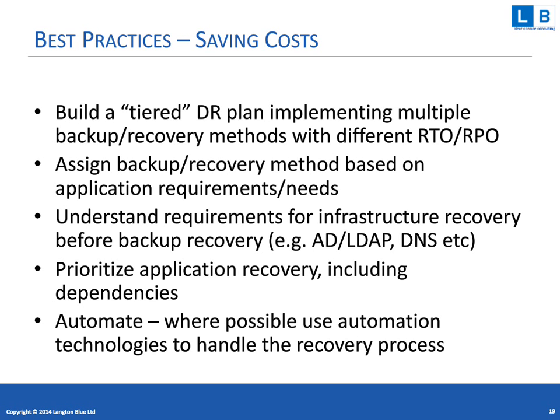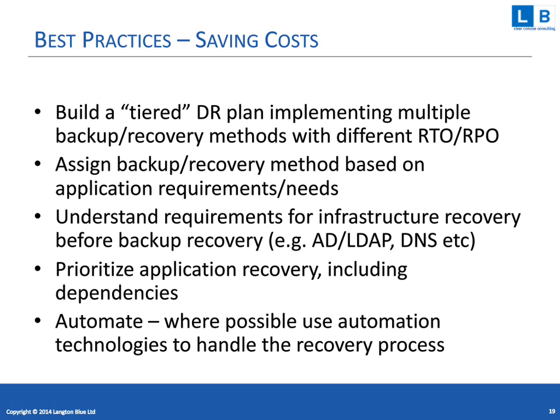So we have to talk to the business, and we have to understand their needs, both from the recovery time perspective and their prioritization, because clearly they may have some applications they need to bring back first before they bring back others. From an infrastructure perspective, the same thing applies. So there may well be some infrastructure pieces we must bring back in the event of a disaster recovery process.